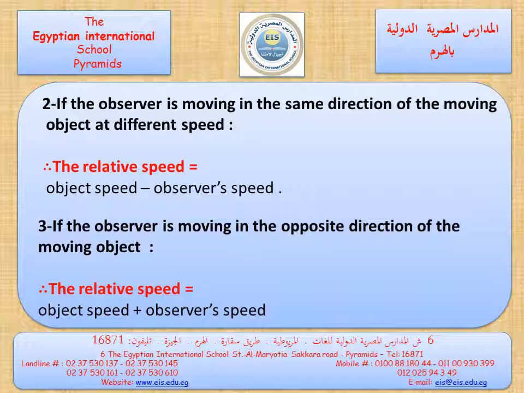But if they move in opposite directions, we make the object's speed plus the observer's speed. Opposite direction we make plus, same direction we make minus between the two speeds.